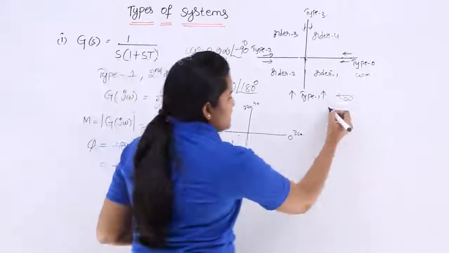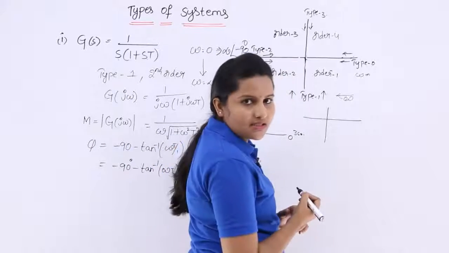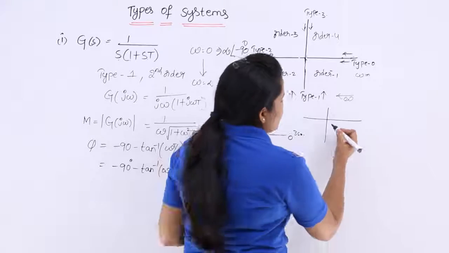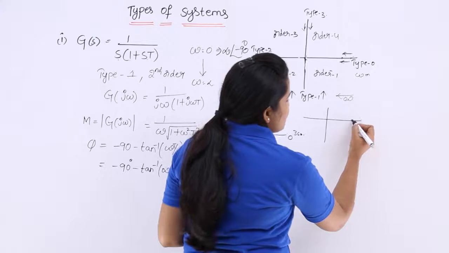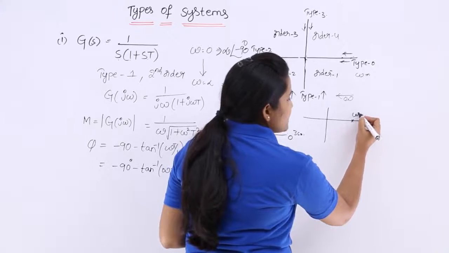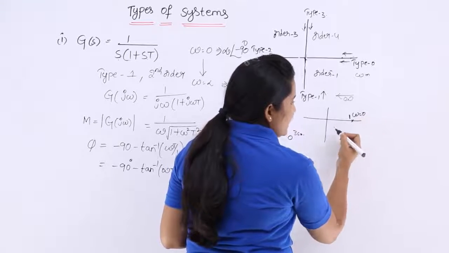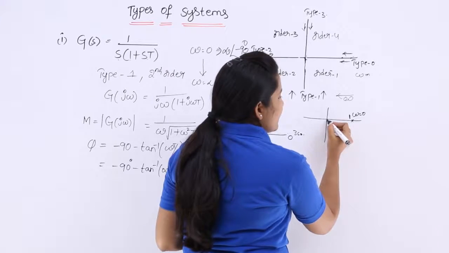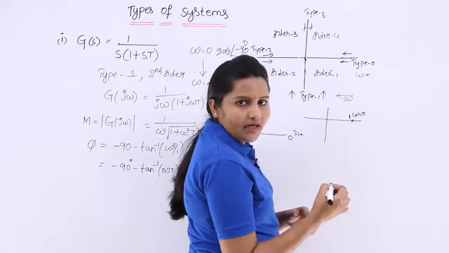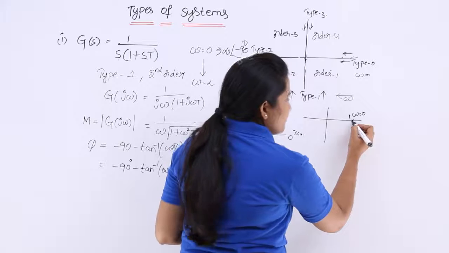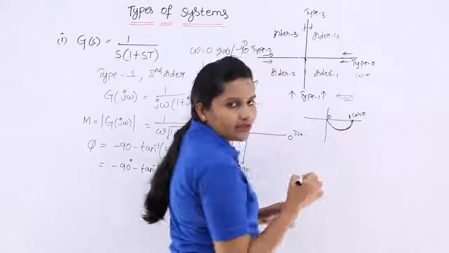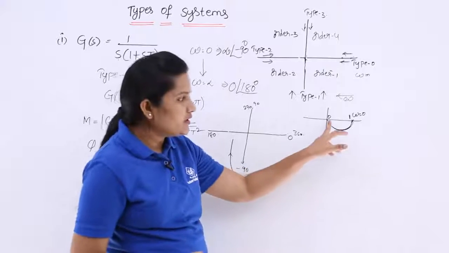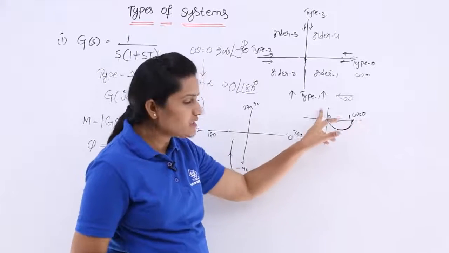In the previous class, that was a type 0 and order 1 system. At omega equal to 0 we got 1 there, and at omega equal to infinity we got 0 at 180 degrees, which is why you got that plot.